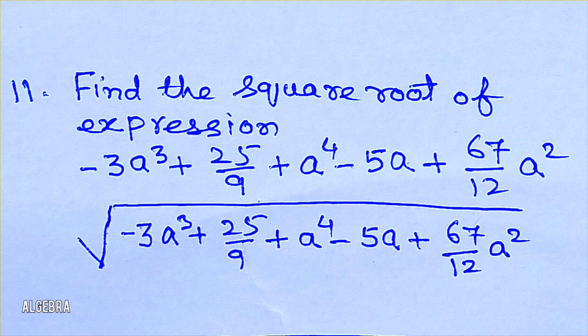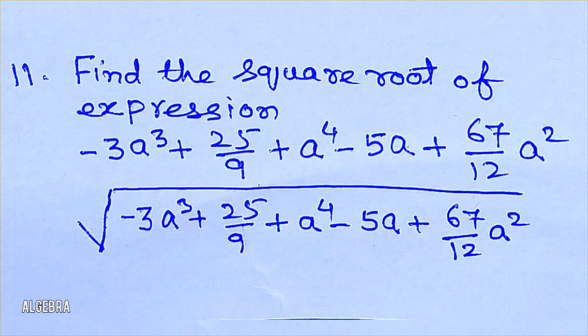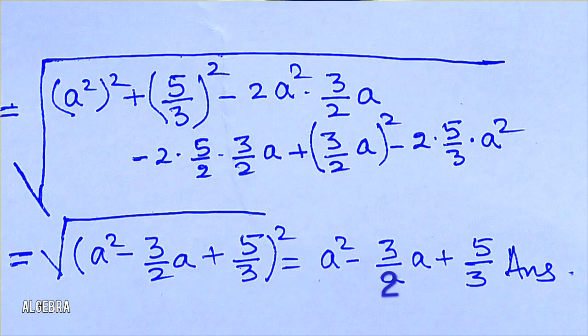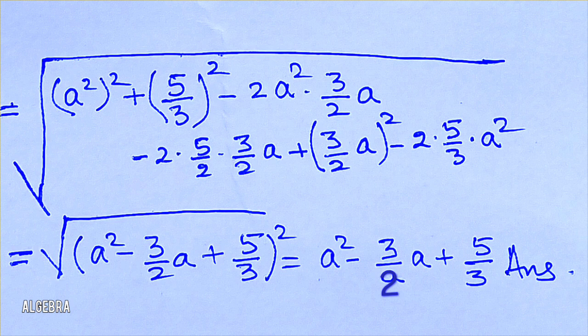Square root of -3a^3 + 25/9 + a^4 - 5a + 67/(12a^2) is equal to the square root of (a^2)^2 + (5/3)^2 - 2a^2 into 3/(2a) - 2 into 5/2 into 3/(2a) + (3/(2a))^2 - 2 into 5/3 into a^2, which is equal to the square root of (a^2 - 3/(2a) + 5/3)^2, which is equal to a^2 - 3/(2a) + 5/3.